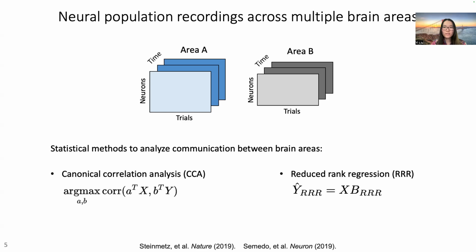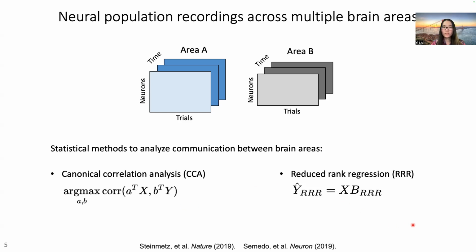There are existing statistical methods that analyze the communication between brain areas. For example, there is the canonical correlation analysis, or CCA, that finds pairs of axes so that the projections onto the axes have maximized correlation.